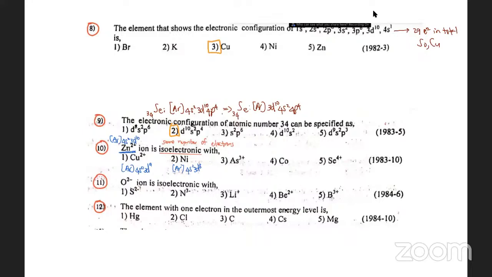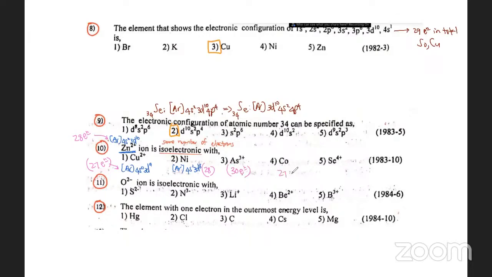So we have to count the number of electrons. Zinc 2 plus is going to have 28 electrons, remember. Copper 2 plus is going to have how many electrons? 27 electrons. From 29 we have removed 2. Nickel itself 28 electrons. Arsenic 3 plus will have 30 electrons, because arsenic is 33.